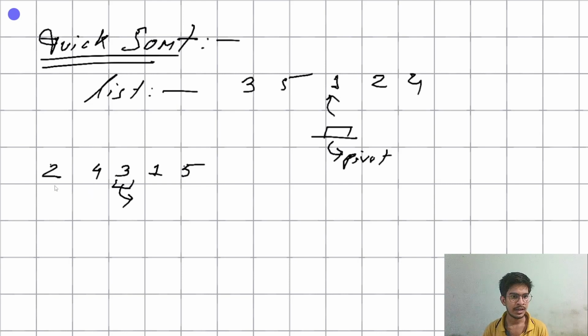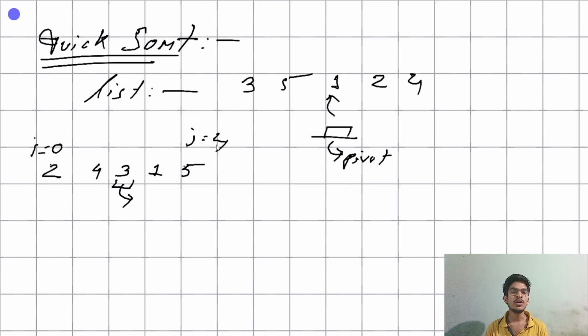Suppose 1 is less than 3, so it should be here, so it will go here. What actually happens: i equals 0, j equals, here it is j equals 4, right?